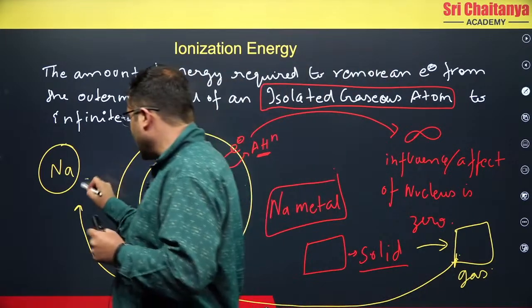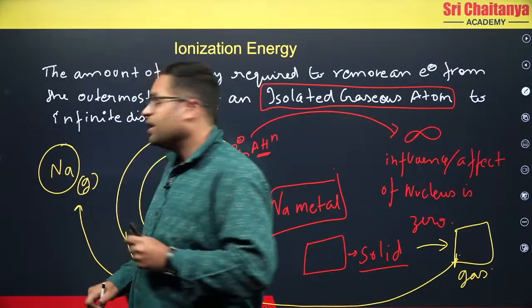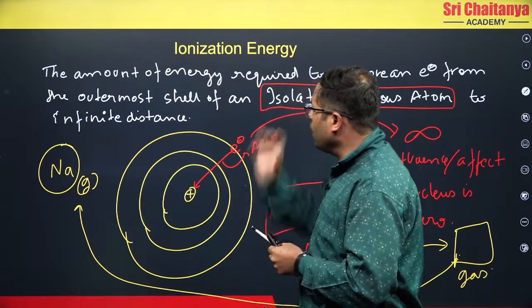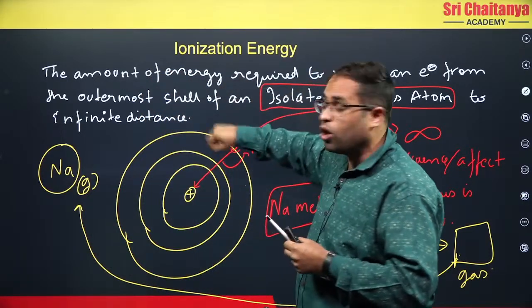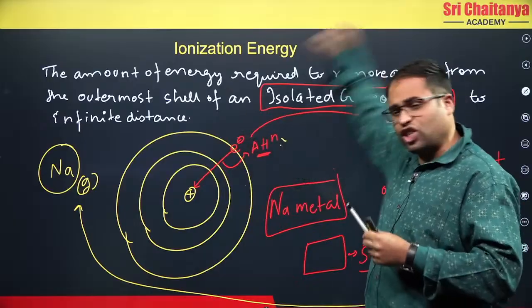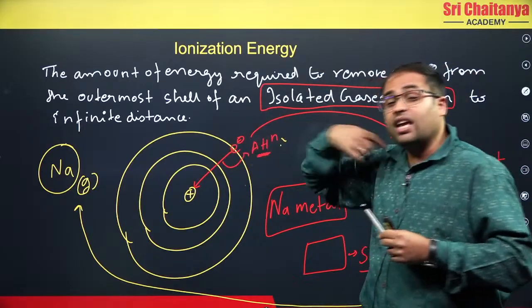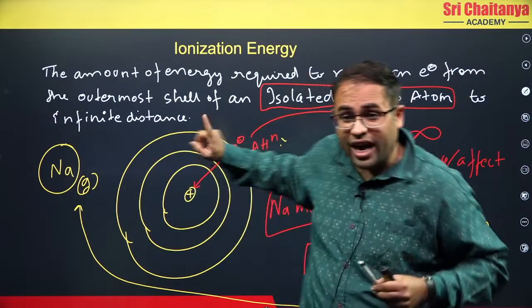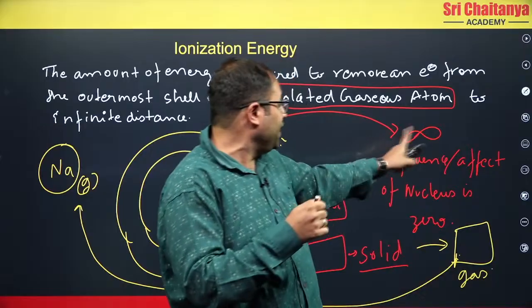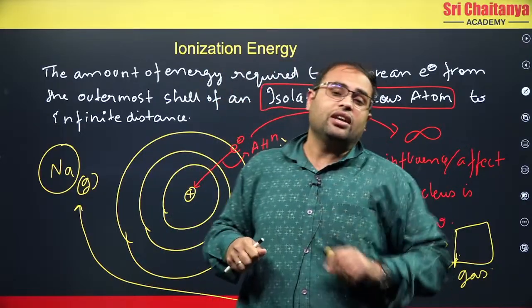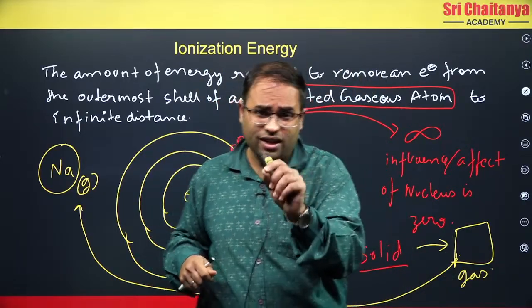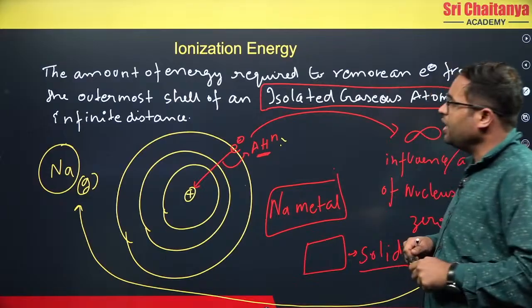And this is a gas, in the gas phase. Now, if you remove an electron from the outermost shell of this isolated gaseous atom, then the energy that you need to give to take this electron to infinity, that energy is ionization energy. Please understand this very carefully, right?